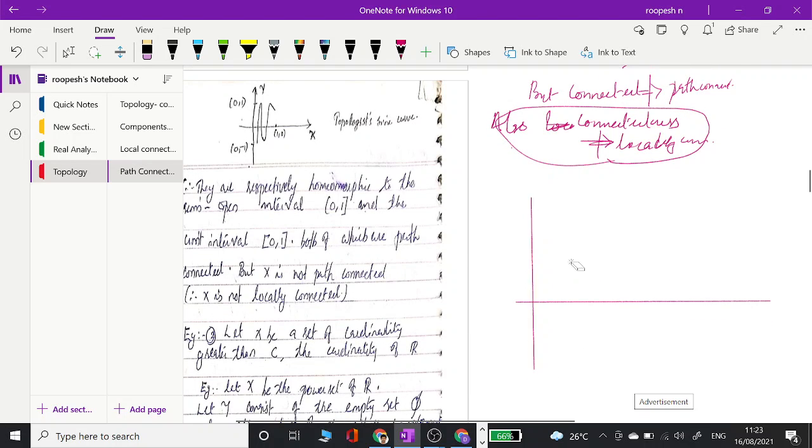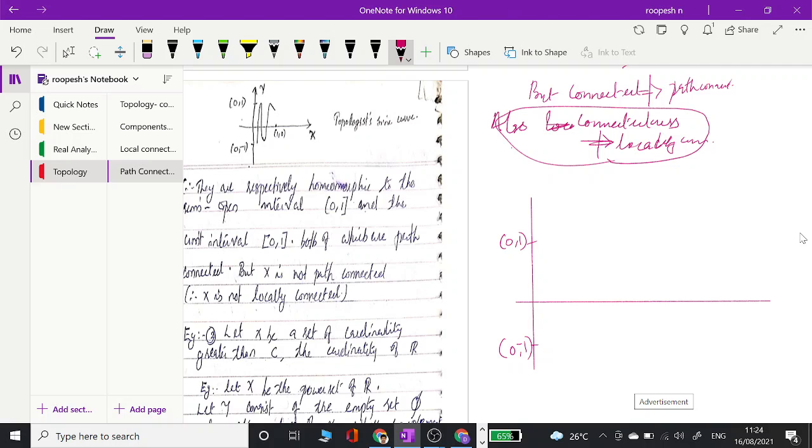Now somewhere I will mark my minus 1 and plus 1. So this is my point 0, 1, and here my point is 0, minus 1, right?